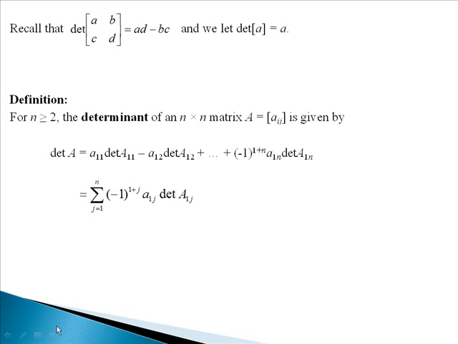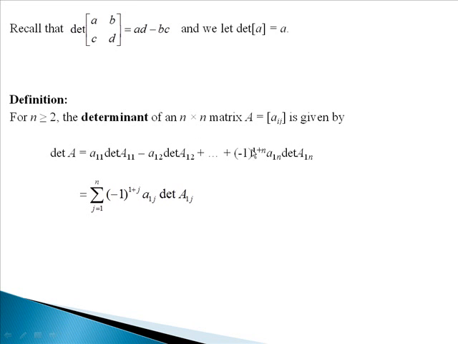The determinant of A is equal to our little a sub 1, 1, which is the entry in that location of our matrix, multiplied by the determinant of the matrix that we get from deleting the first row and first column, minus then our second entry a sub 1, 2, times the determinant that we get from deleting the first row and second column, plus, and notice that we're alternating signs here. We started with minus, then plus.